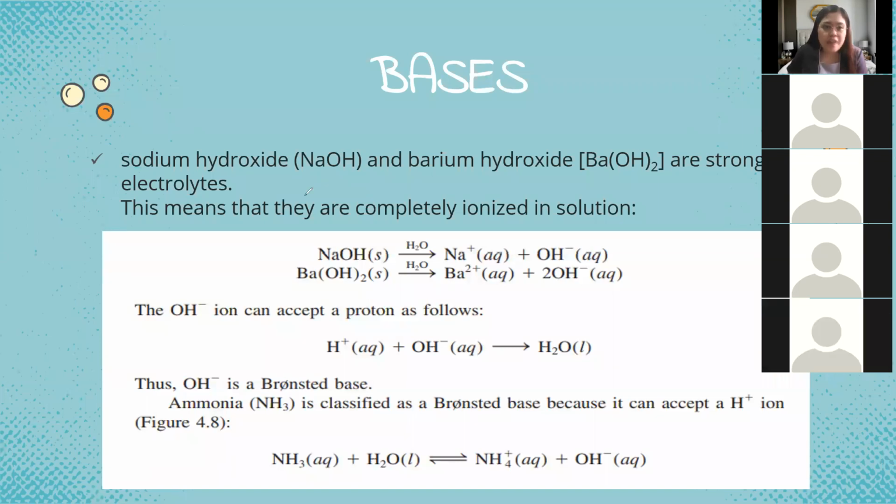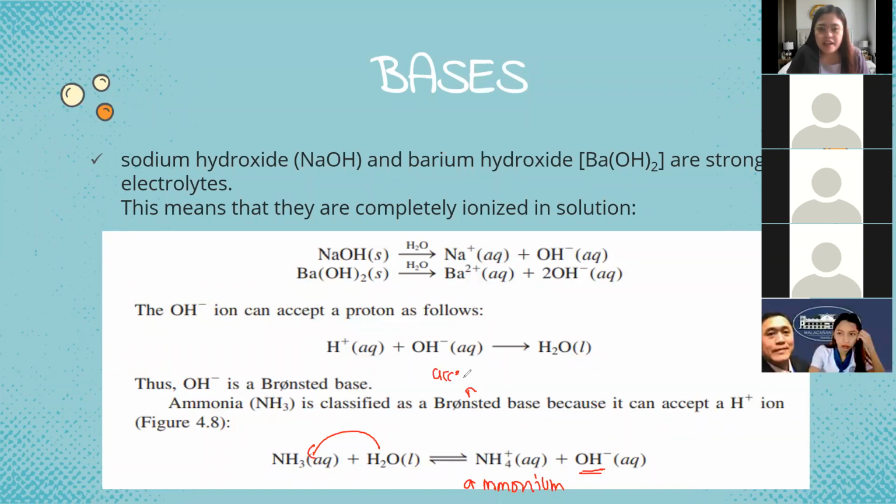proton. So example, if you place ammonia in water, ang isang hydrogen ni water will be transferred to ammonia and it will become ammonium. We call this NH4 as ammonium. And water will be OH na lang kasi binigay niya na si hydrogen. So again, ang definition ni Bronsted base, kaya niyang mag-accept ng electron.